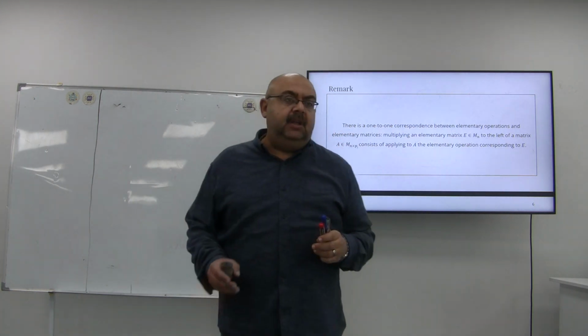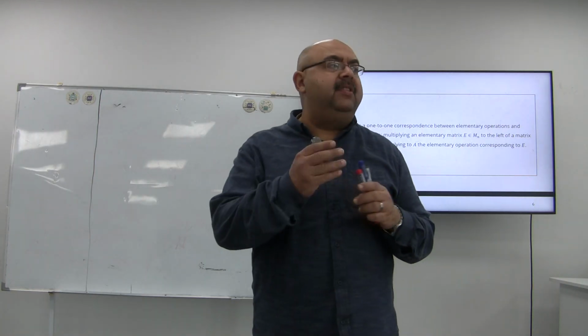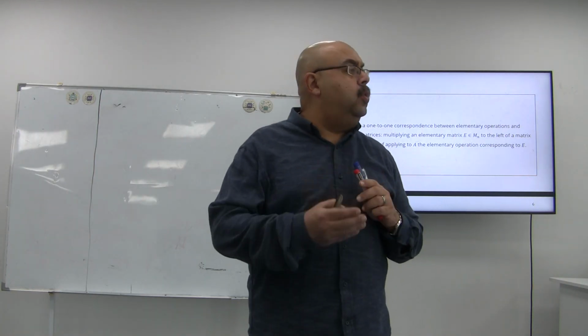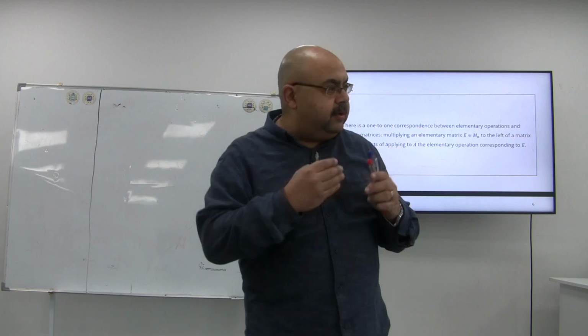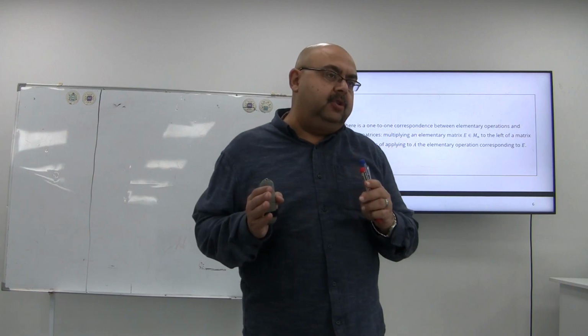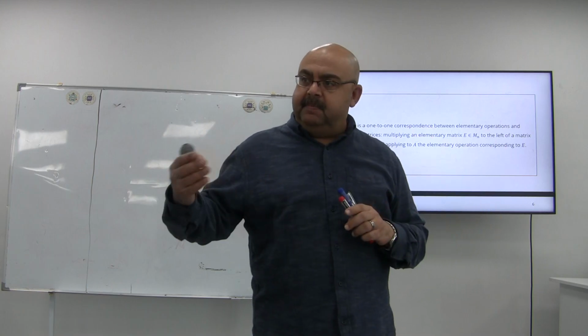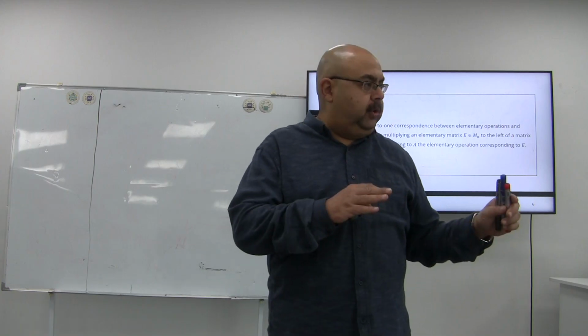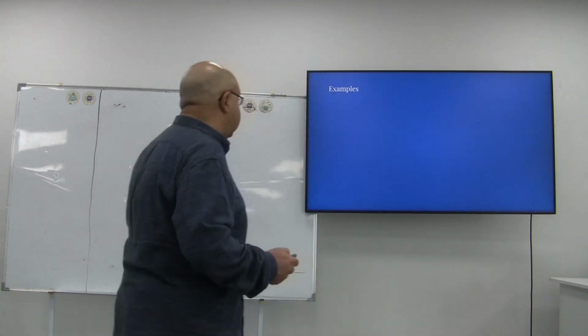Which means that instead of playing with the rules, multiplying or moving the rows and so on, I can do the same by multiplying the matrix that I want to change by an elementary matrix. Okay? Each step with each other. This will help me down the road to know how to find an inverse, or how to express a matrix as a product of elementary matrices, as we will see.